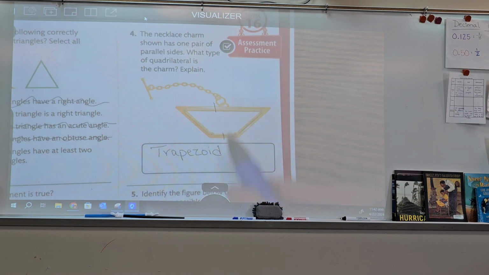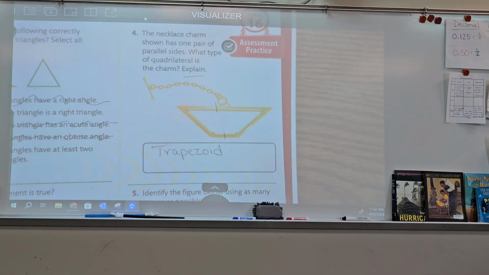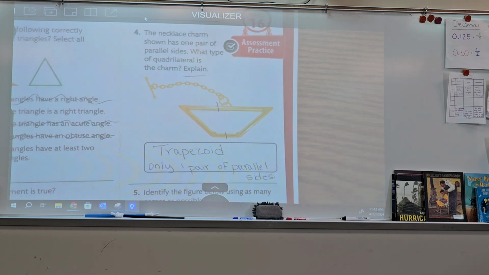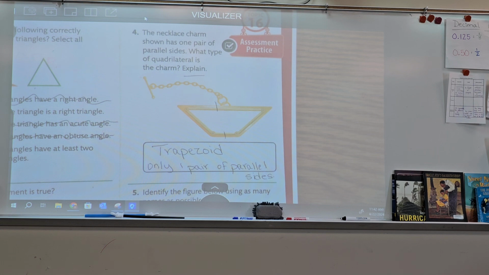How do I know? Explain just what we talked about. There's only one pair of parallel sides. That is the explanation for why that has to be a trapezoid.